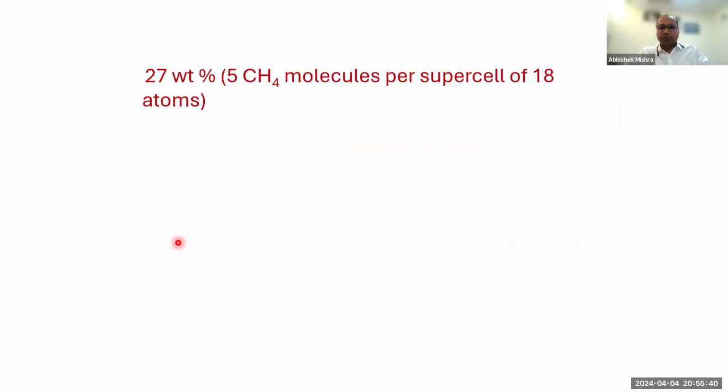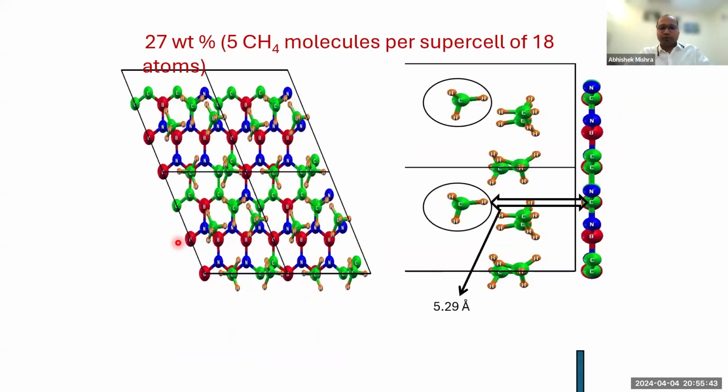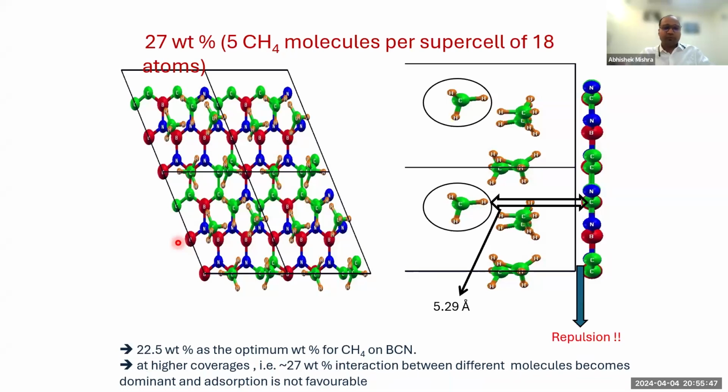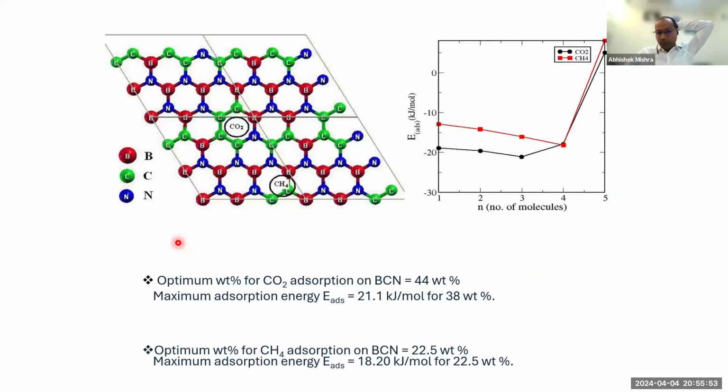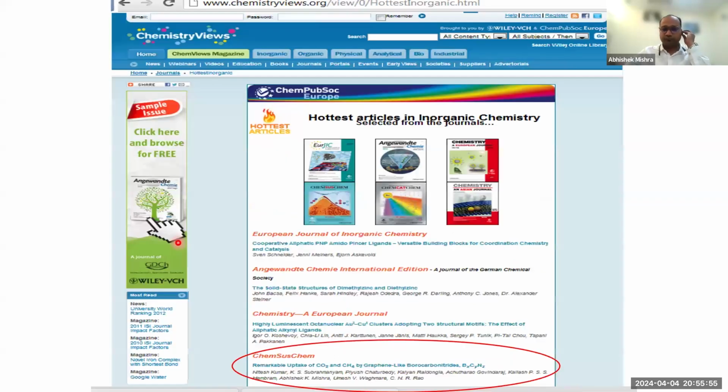Overall, what we found is that BCN sheets are better than graphene sheets for such applications, and this is how we predicted the maximum uptake for CO2 and methane on BCN. This was highlighted as one of the hottest articles in ChemPhysChem in physical chemistry.